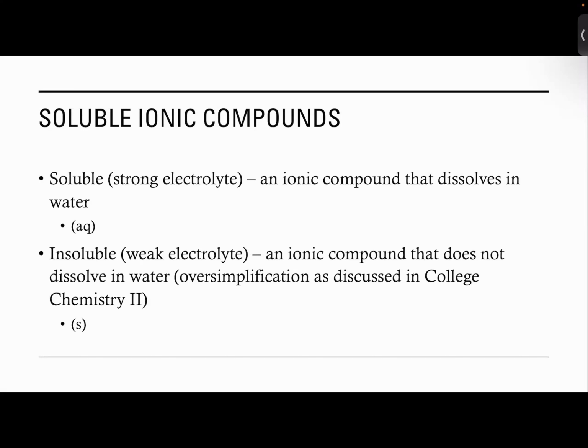There are 3 exceptions to that. One is if it's combined with the silver ion, one if it's combined with the mercury 1 ion, and the last is if it's combined with the lead 2 ion. If it's combined with any of those 3 ions, then the halogen will be insoluble, meaning it will be a solid.